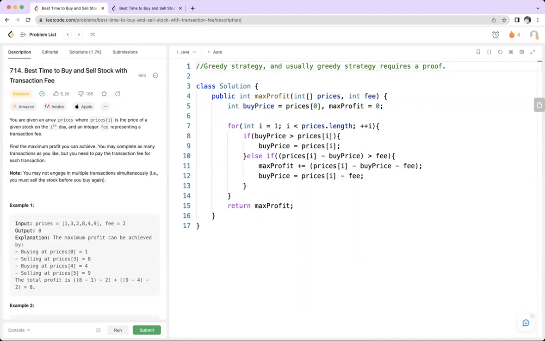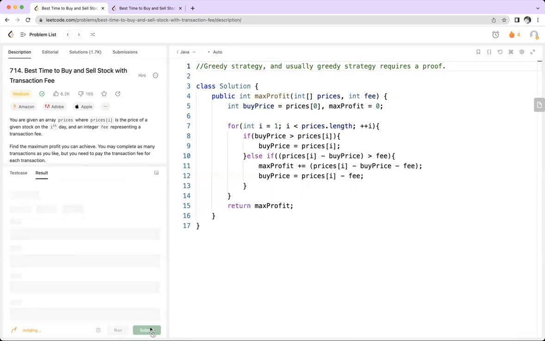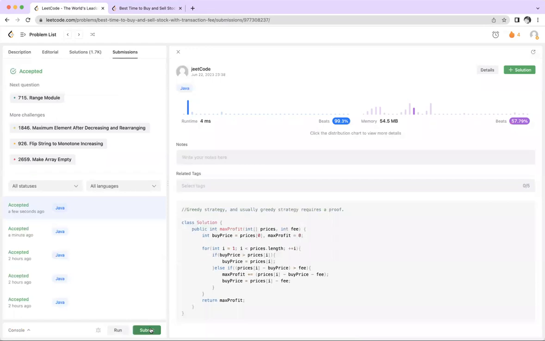It's good that this strategy is working for our solution, but usually we require a proof for a greedy strategy. We can prove it, but right now I think it looks pretty obvious that this will work. Maybe if we can come up with some counter cases, then only we can argue. Anyway, we'll discuss this further in some other video. Thanks a lot.